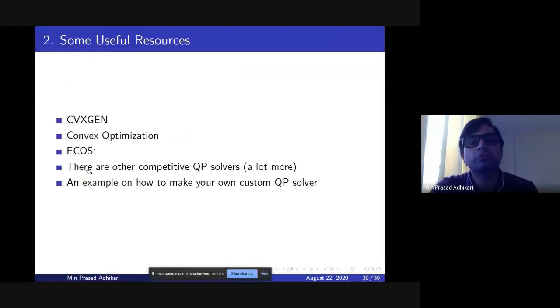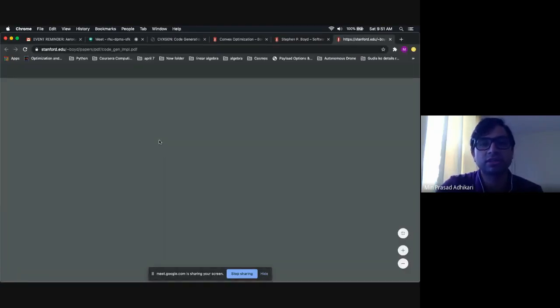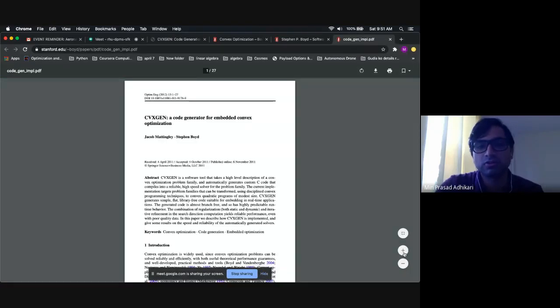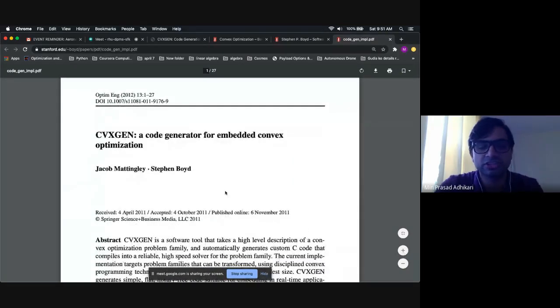Well, there are a lot of competitive QP solvers, a lot more, and if you are interested in making your own custom solver, then there's a paper on CVXGN, giving you at least a rough idea of how CVXGN has been made and how to use it.